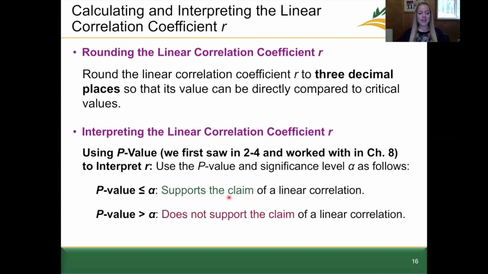For the other case, if the p-value is greater than alpha, then this does not support the claim of a linear correlation. We will talk explicitly about how to calculate a p-value for Chapter 10.1, these linear correlations. It's a little bit different than Chapter 8 and how we learned to calculate a p-value there with hypothesis testing, again because these p-values here in 10.1 will be for linear correlations specifically.